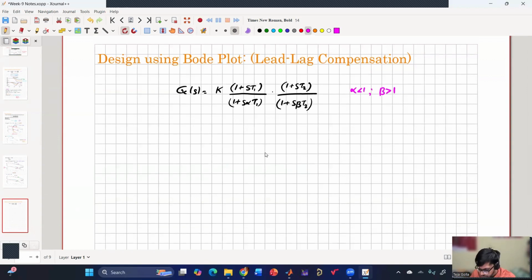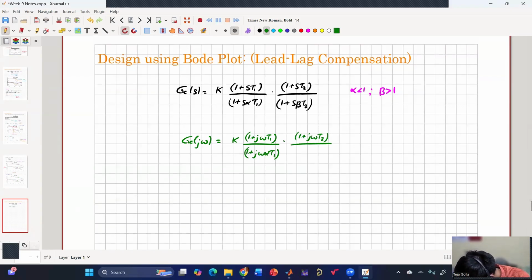First, we'll get the GC of j omega: K into (1 plus j omega T1) by (1 plus j omega alpha T1), then (1 plus j omega T2) by (1 plus j omega beta into T2).